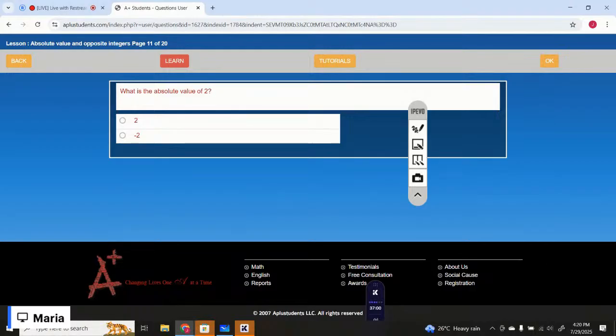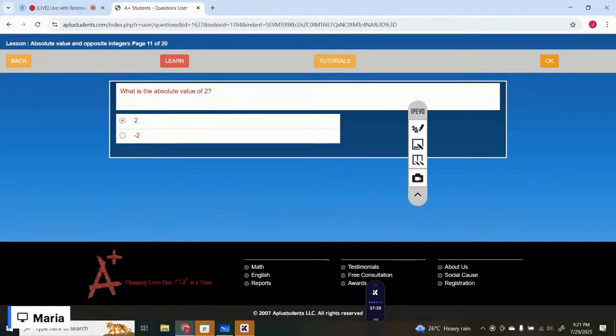What is the absolute value of 2? Absolute value of 2 is 2.